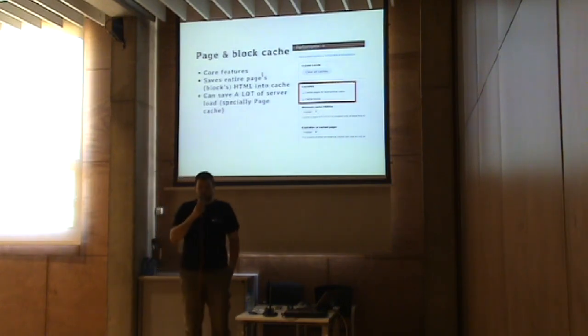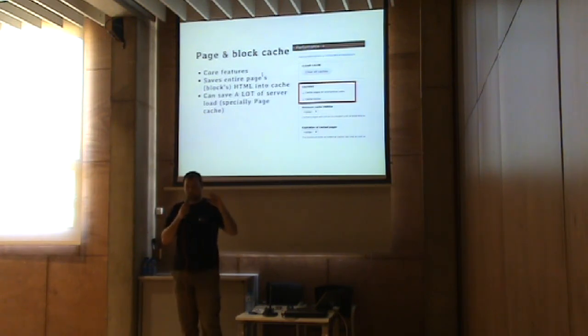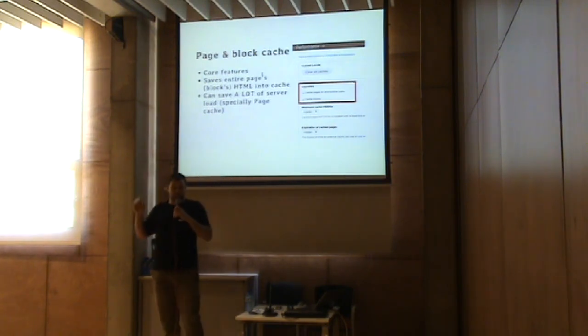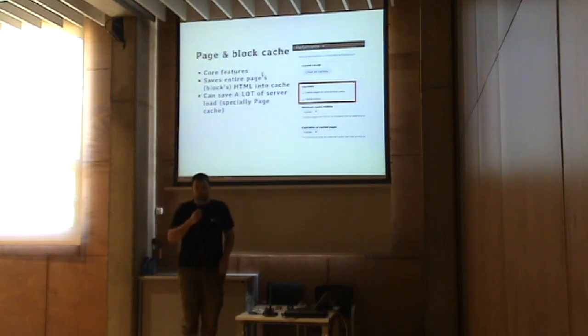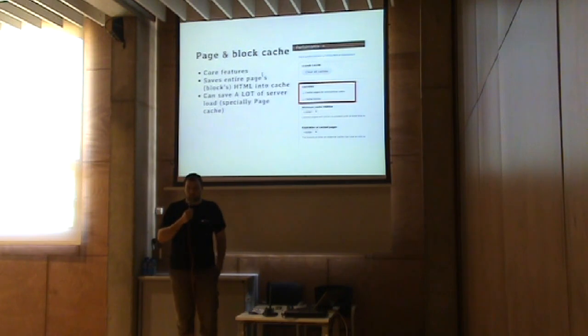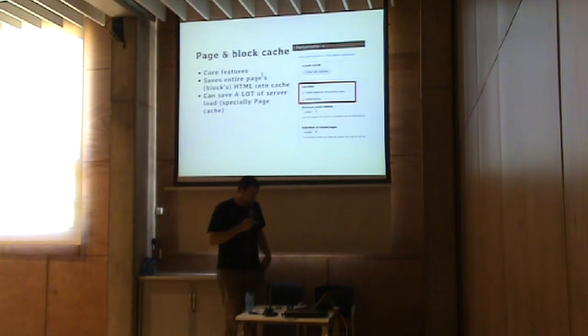Especially page cache can save you a lot of time. And I think that both of these caches have their own bins, so you can move them around. For example, you enable page cache and put it into Memcache, and you have the output of your site available immediately from RAM for anonymous users.